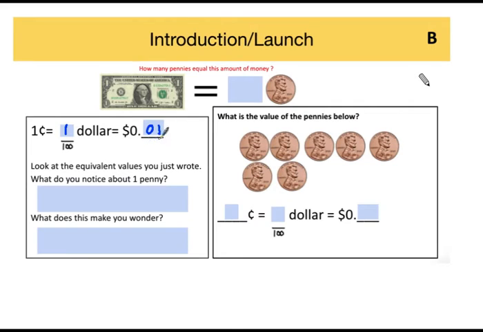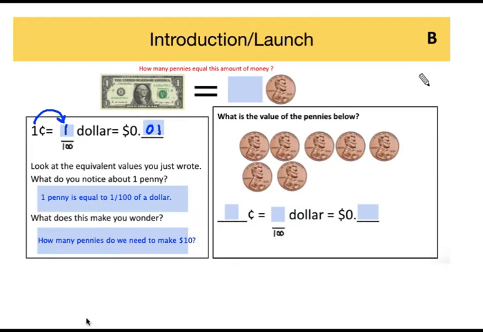That represents 1/100th of a dollar. Look at the equivalent values you just wrote. What do you notice about a penny? We should notice that 1 penny is equal to 1/100th of a dollar. Maybe you're also noticing that 1 cent, we see it here in the numerator. What does this make you wonder?